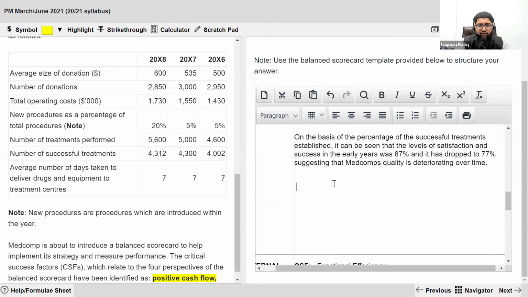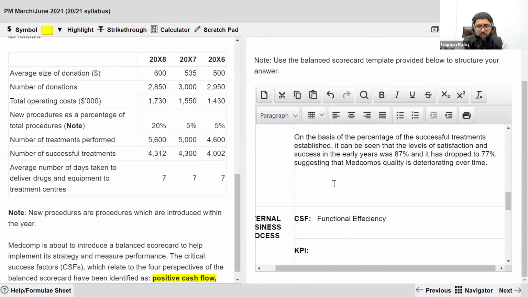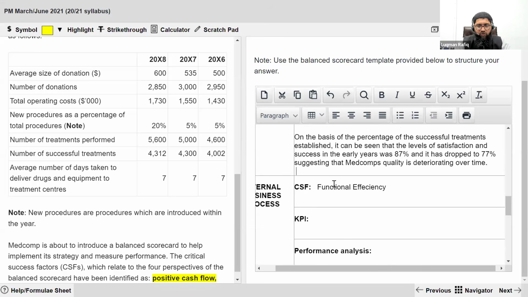So then there is this functional efficiency. What should be the KPI for this?